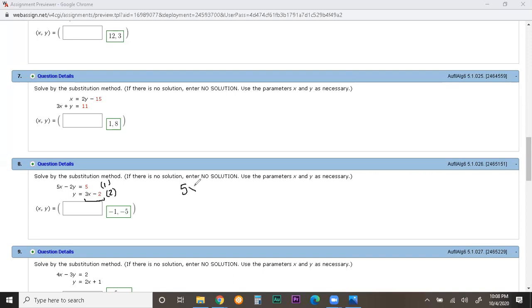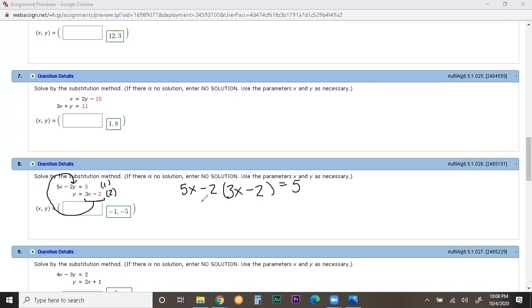So in our first equation, where we see this y, we're going to plug in that second equation. We're doing the same thing, okay? Where it says y equals 3x minus 2, we're plugging it into this y.